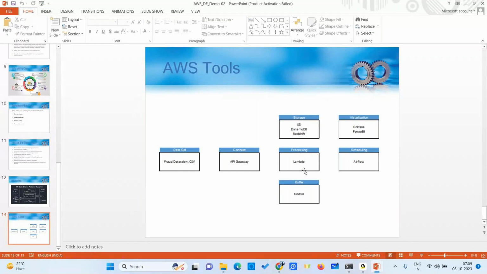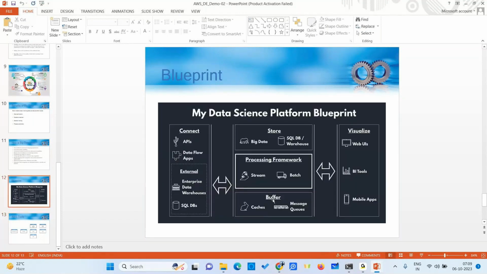And in the buffer stage, what is buffer? Buffer is a temporary memory which is going to store in the memory. And that's where the calculations, the processing can be applied easily, and we can get the output very fast. So that's how this buffer is used.